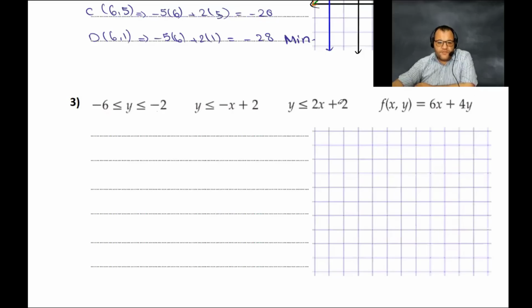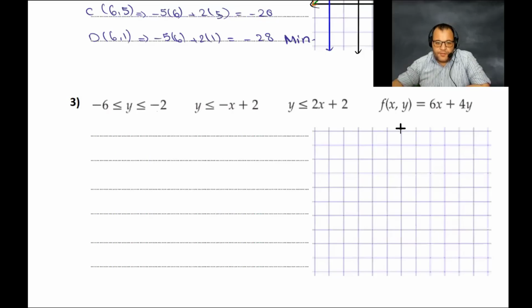So again, for this one, how can we solve it? Bismillah. We will start with the part that we missed yesterday: y is greater than or equal to -6 and smaller than -2. What is the meaning of this graph?